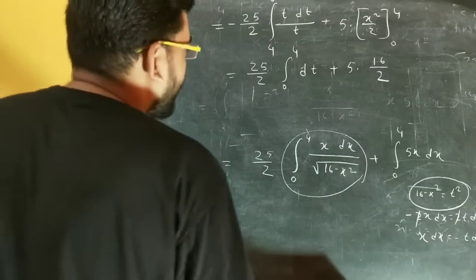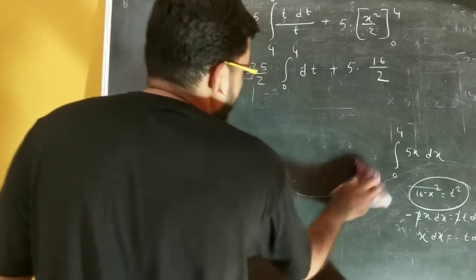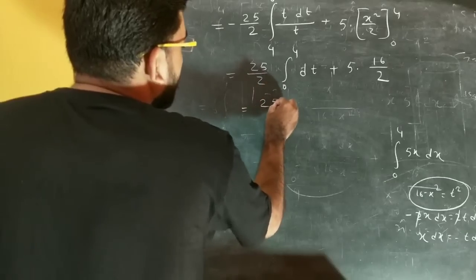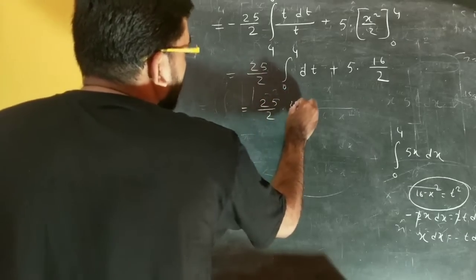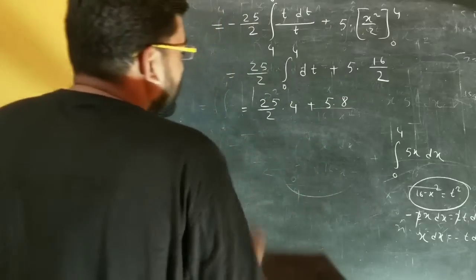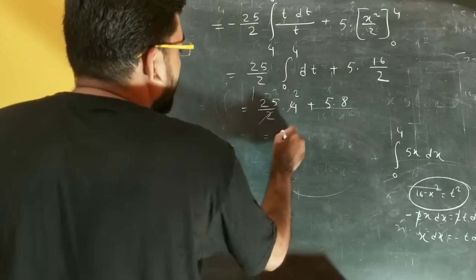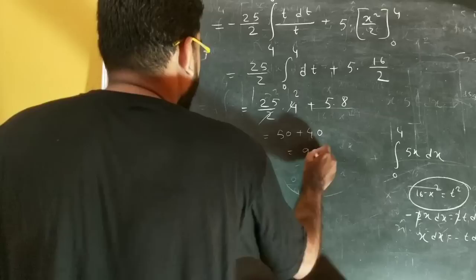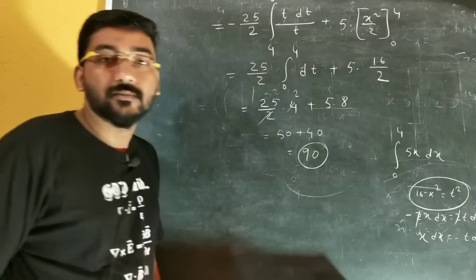And 0 to 4 dt means 4, so it will be 25 by 2 into 4 plus 5 into 8, so 50 plus 40, so it will be 90. So this will be your answer to the problem.